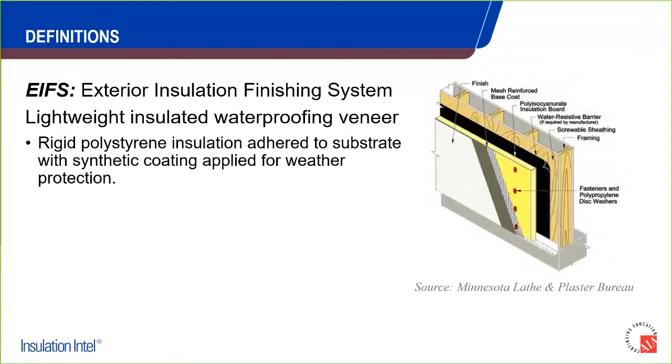EIFS started to be used in North America in the 1960s, and became very popular in the 1970s due to the oil embargo and the resultant surge in interest in energy efficiency, as the first continuous insulation system. Originally, this was only installed over non-combustible masonry walls, which makes it very safe. But the use expanded to framed wall systems with some combustible elements, as we see here on the right.